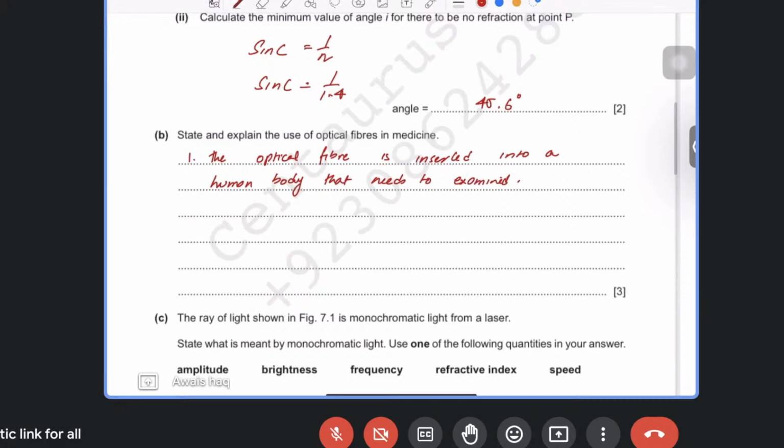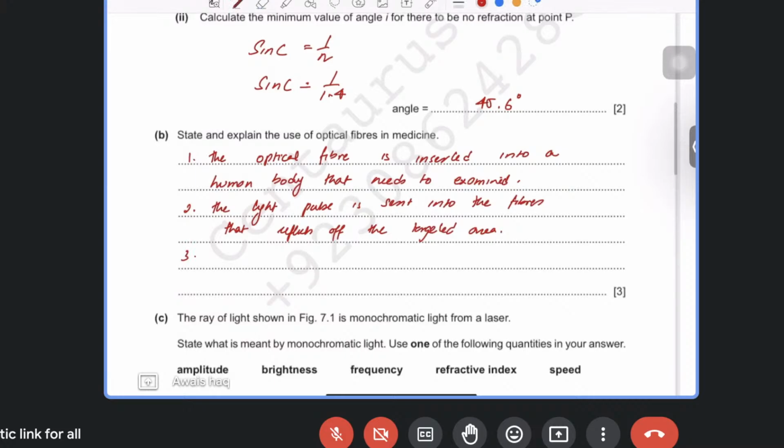All right. The light pulse is sent into the fiber that reflects off the targeted area, right? Or basically whatever you're looking at, right?